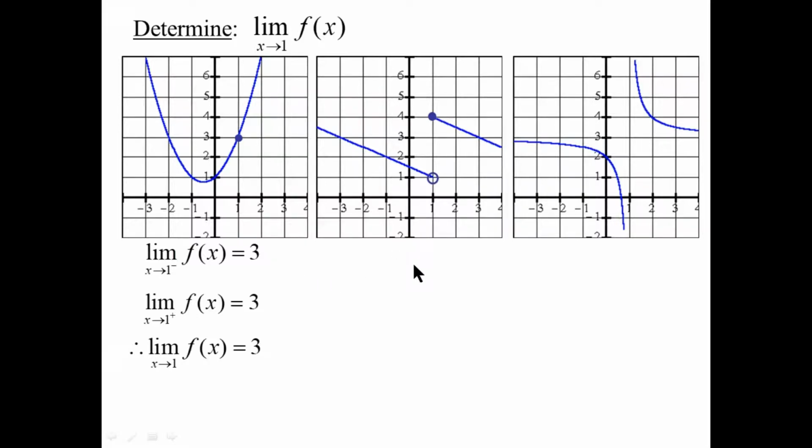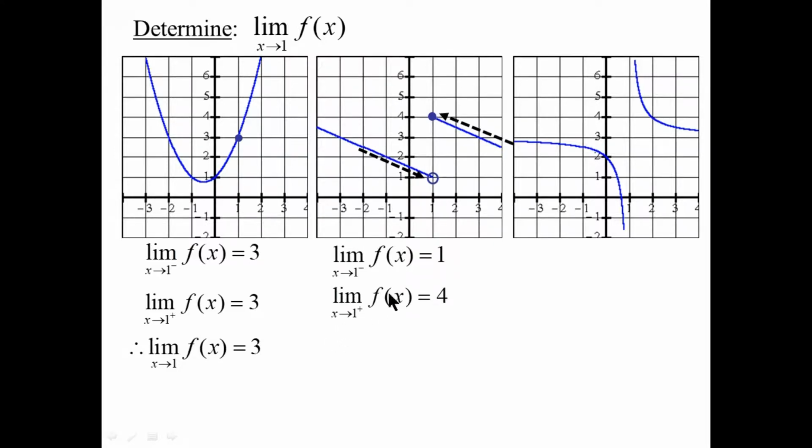Let's do this next one. The limit as x approaches 1 from the left. So we have to go to the left of an x value of 1 and approach along the function, and we come to a y value here of 1. And that's what this is. Let's approach from the right.